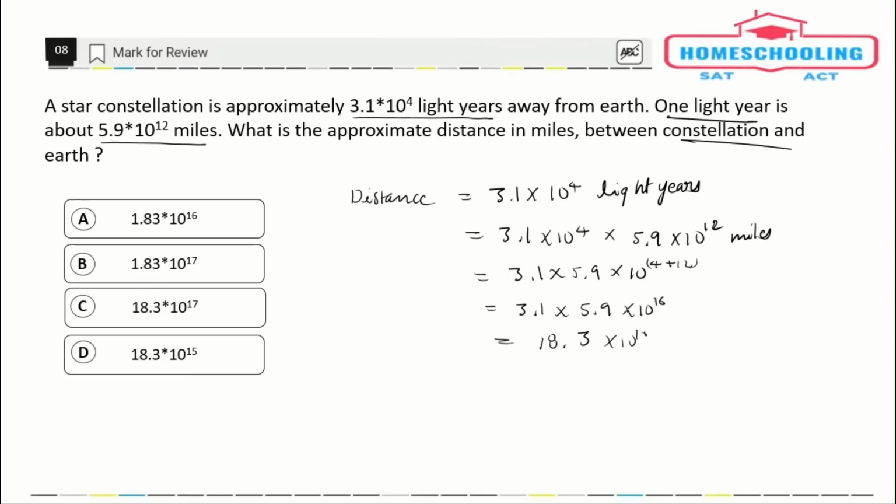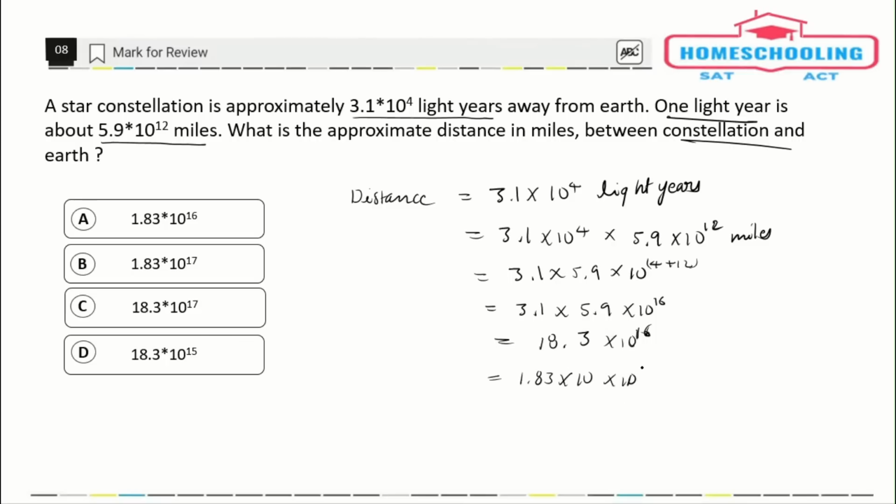So we cannot find the same option here. We have to move the decimal to the left side, because 10 to the power 17 is given and 10 to the power 15 is given. So if we move this decimal on that side, that is 1.83. So we have read that whenever we move the decimal one place to the left, we will multiply it by 10.